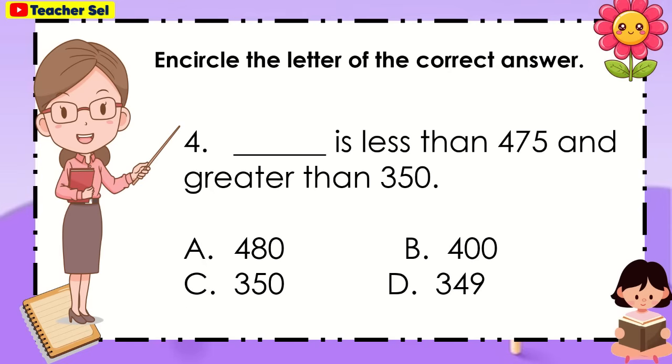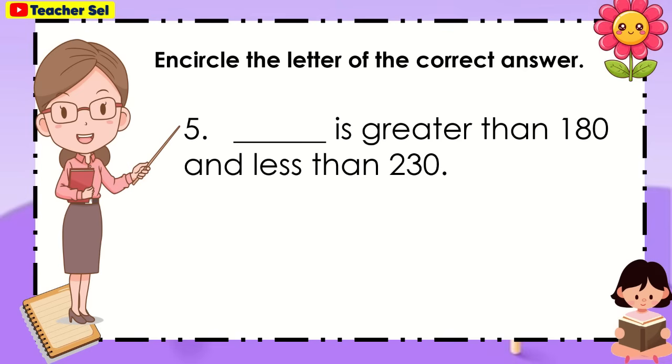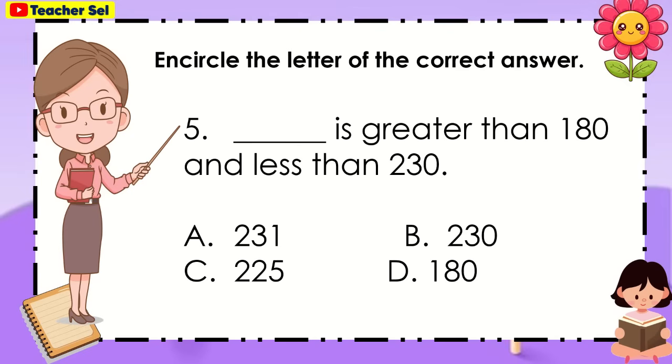A. 480, B. 400, C. 350, D. 349. You're right. The correct answer is letter B, 400. Number 5. Blank is greater than 180 and less than 230. A. 231, B. 230, C. 225, D. 180. You're right. The correct answer is letter C, 225.